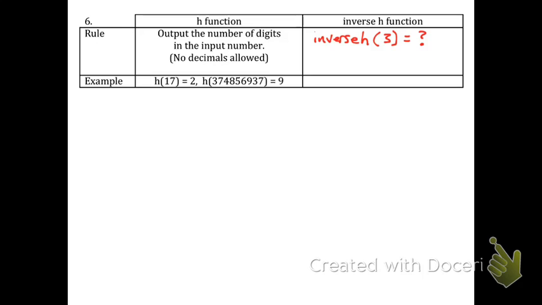There's no way for me to go backwards since there's so many possibilities of 3-digit numbers. It's just not possible to make this inverse function. So there's no inverse function for the h function.